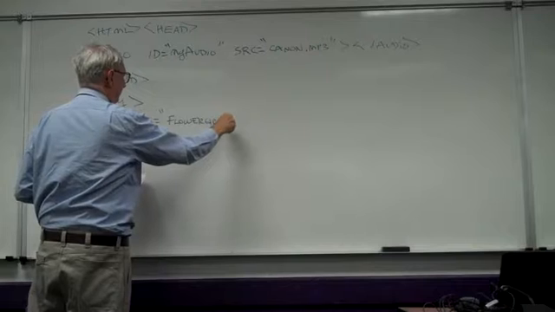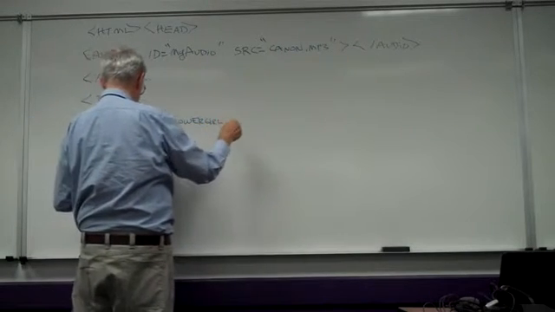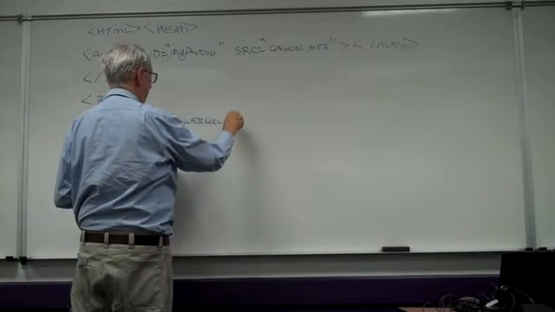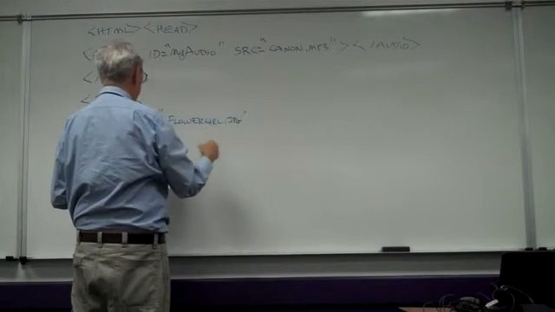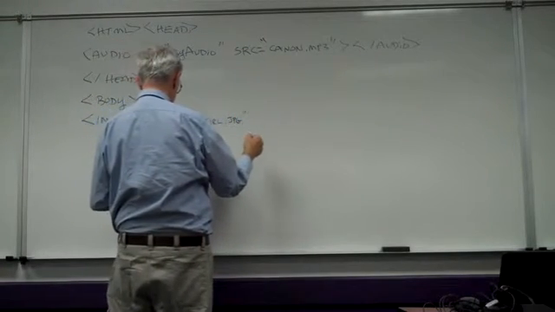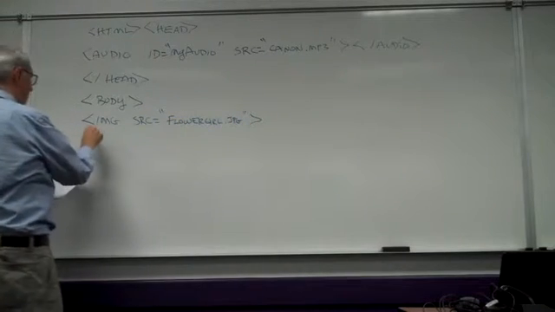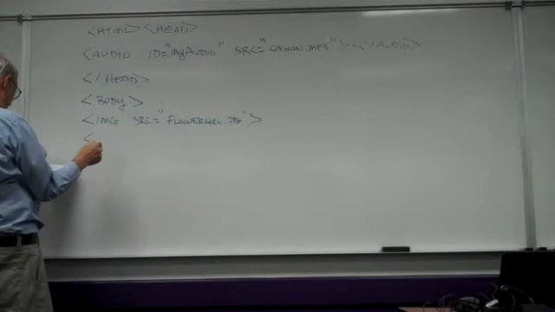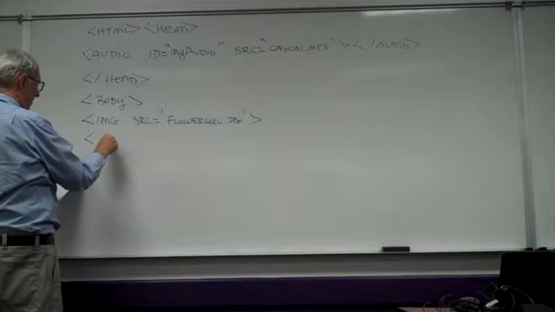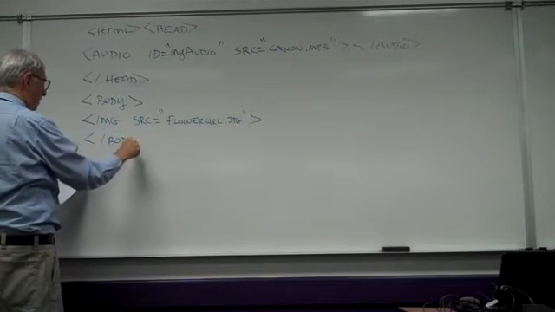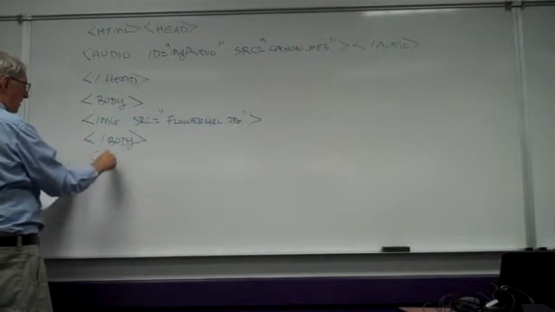It's a painting from the 1700s or something like that. .jpg. So it's just to have something on the screen, and I gave it a width and everything, but you don't need any of that. To make this simple, I'm going to pare this right down to nothing. /body. /HTML.